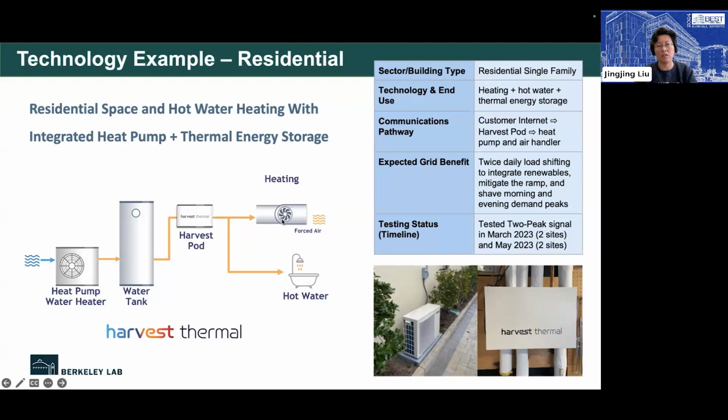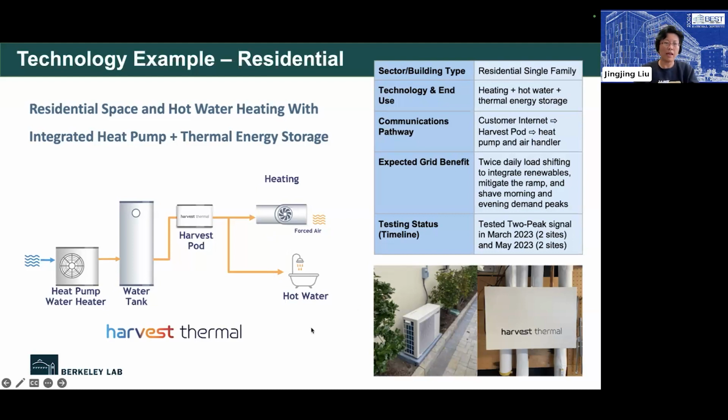So there's a hot water coil that goes into the air handling unit in the home. And all of this is being controlled by a local controller that also receives the price signal and converts that into controlling of the various parts in the system. You can see a picture here.